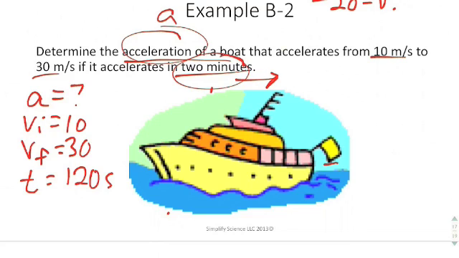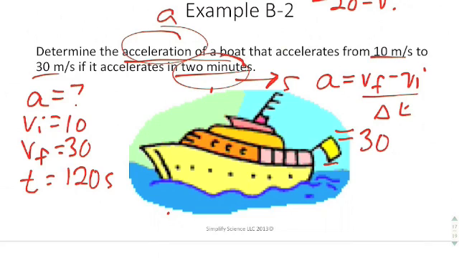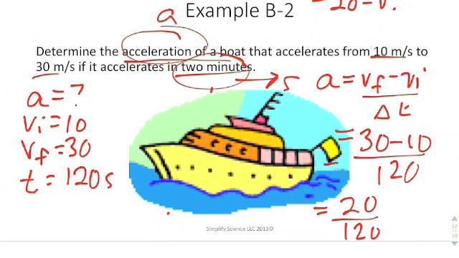You have to convert minutes to seconds. So the equation is A equals VF minus VI divided by delta T, or in our case A equals 30 minus 10 over 120, which would be 20 over 120, which you can simplify to about 1/6 by crossing things out, or you can put it in your calculator.